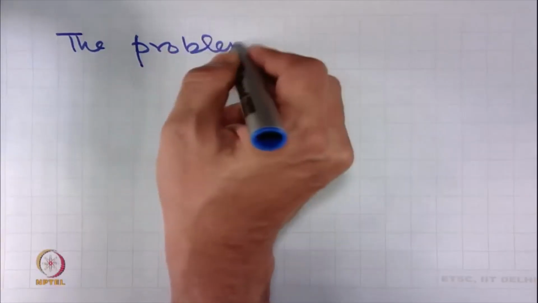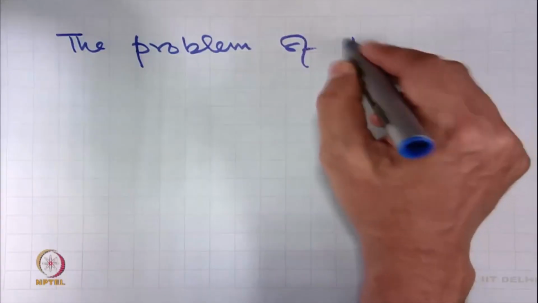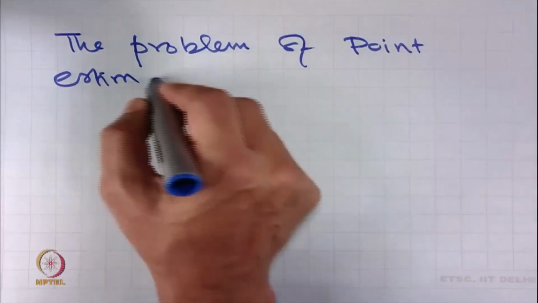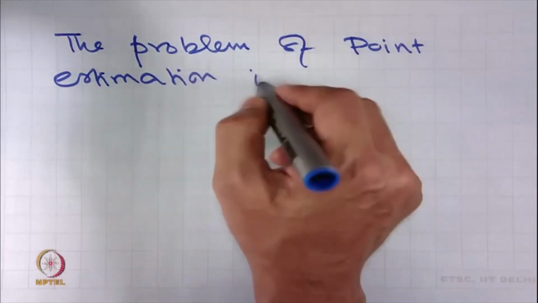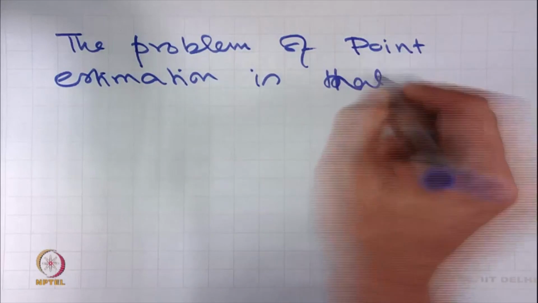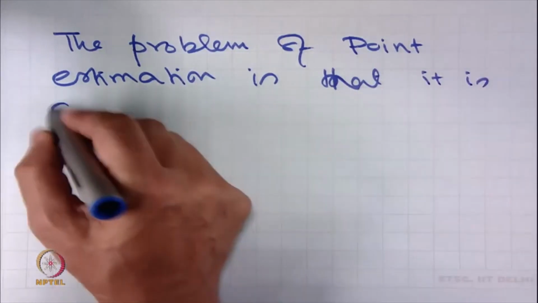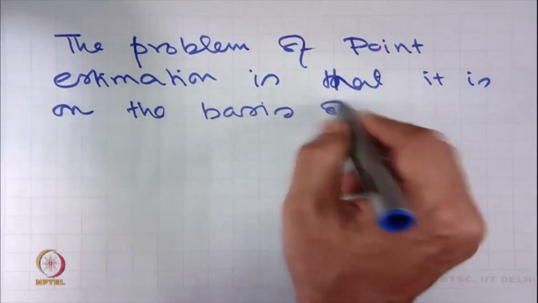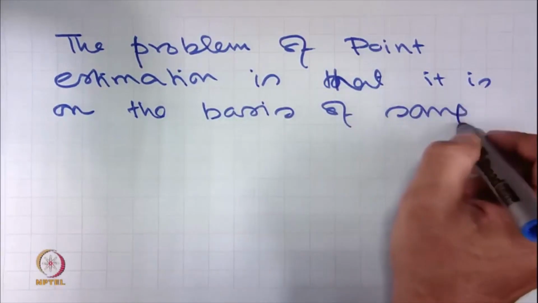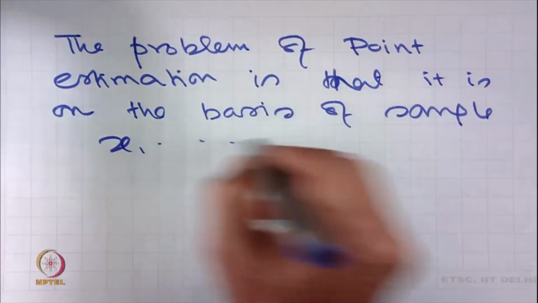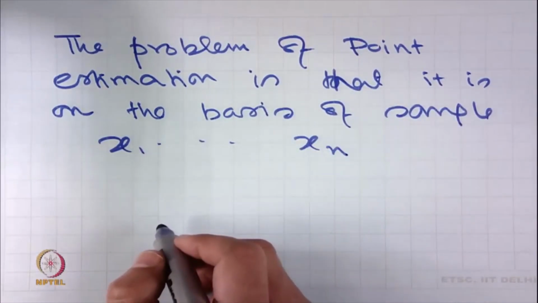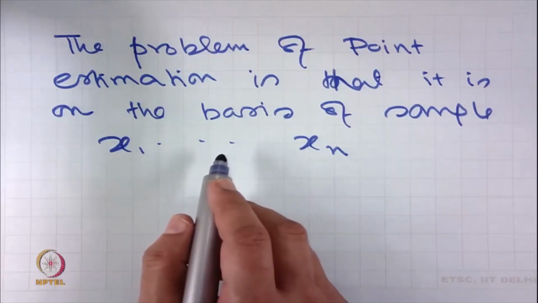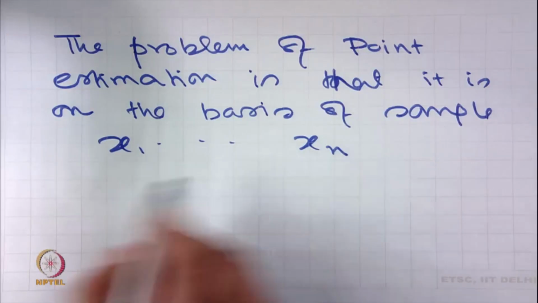However, the problem of point estimation is that it is on the basis of the sample x 1, x 2, x n, and based on that we are trying to estimate the value of the parameter theta.